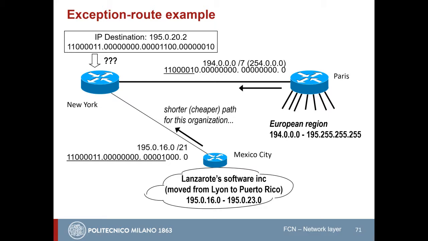The company will ask for a set of addresses. Let's say, for example, it will ask for 194.0.0.0/7. Sorry, it will ask for a set of addresses that is within this block. Since the headquarters is in Europe, it will be given a subset of this block.